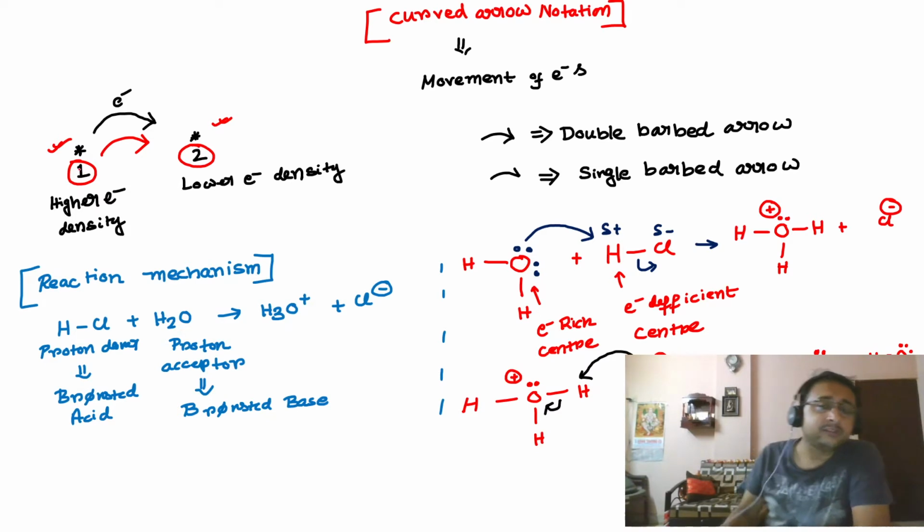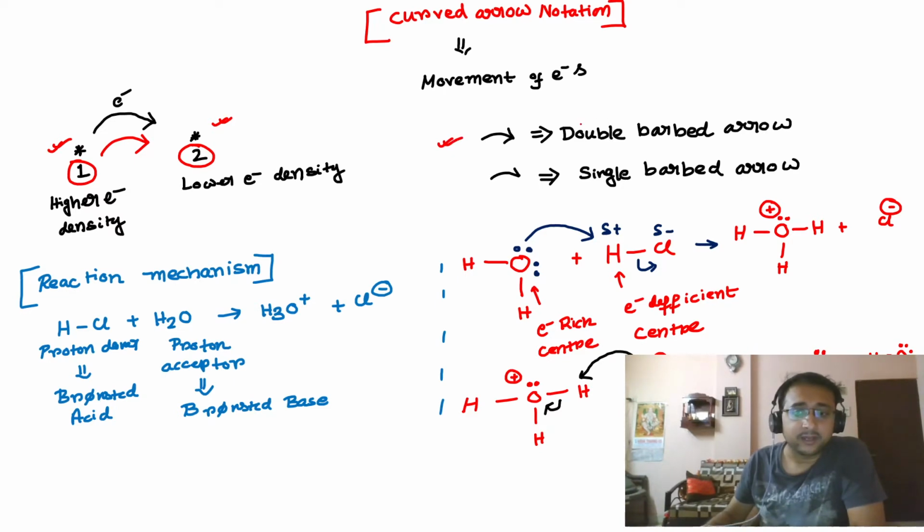Now this movement of electrons can happen in two ways. This is the first way, where a pair of electrons can move from one point to another point, and that is shown by a double barbed arrow. Double barbed means this. This means there is a movement of one pair of electrons, or two electrons.